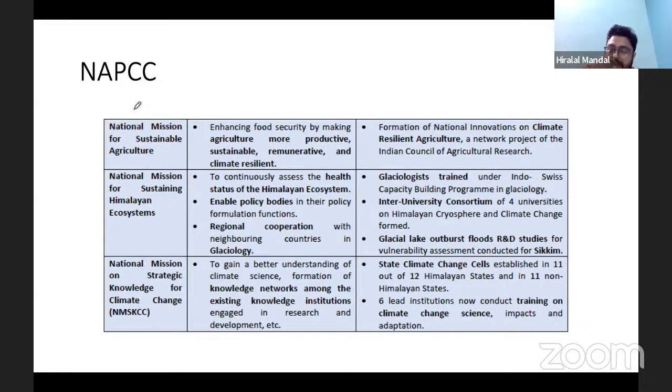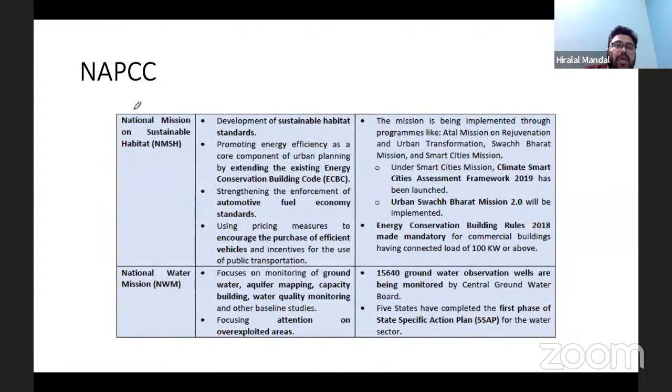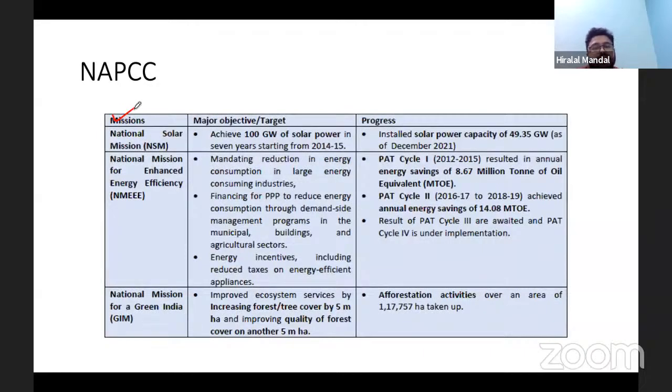These are the 8 missions that have been implemented under the national mission for climate change.